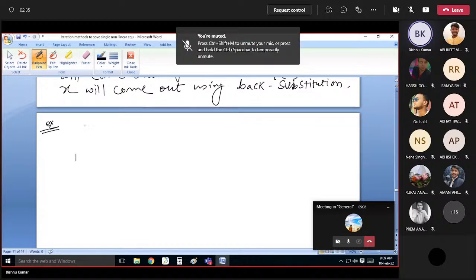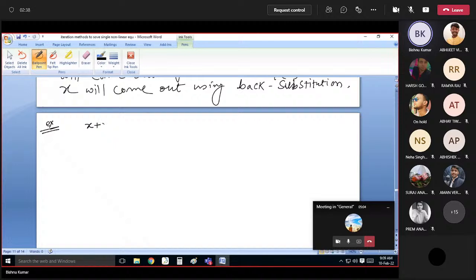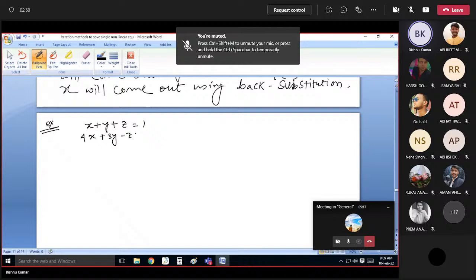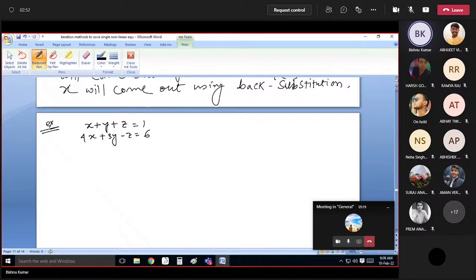Suppose I am writing a question. Suppose x plus y plus z equals 1, and 4x plus 3y minus z equals 6, and 3x plus 5y plus 3z equals 4.